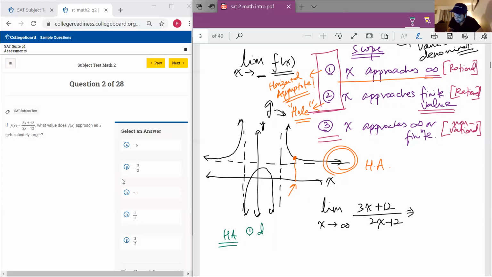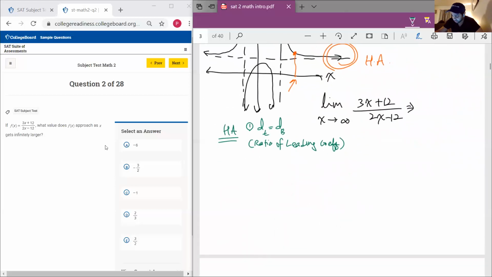The first one is if the degree of top is equal to degree of bottom, it is the ratio of the leading coefficients. That is going to be the horizontal asymptote. Here, the degrees are the same. So y is equal to 3 over 2, the ratio of the leading coefficients, is going to be my answer.